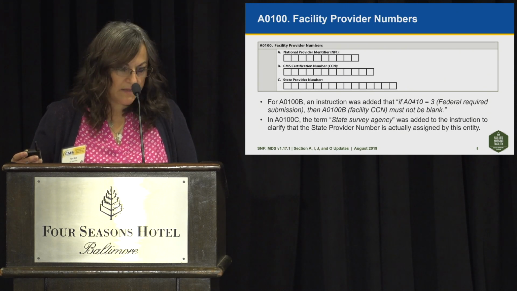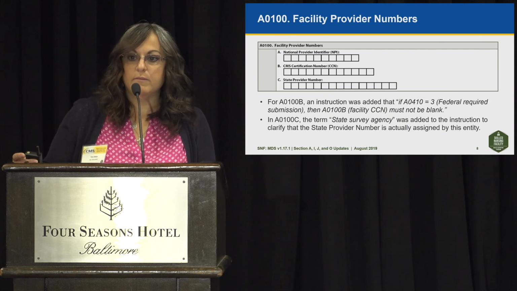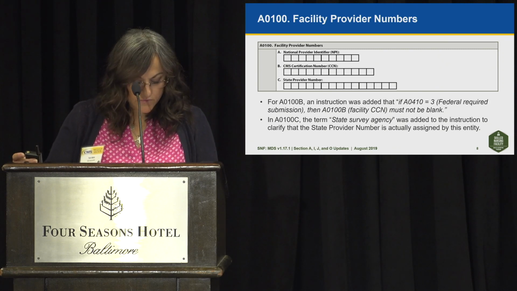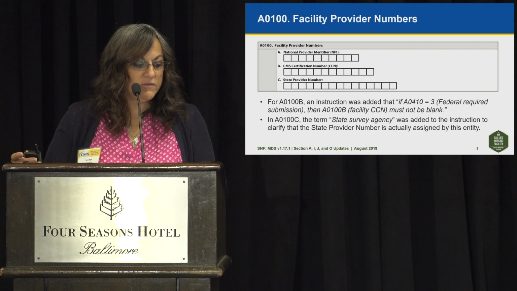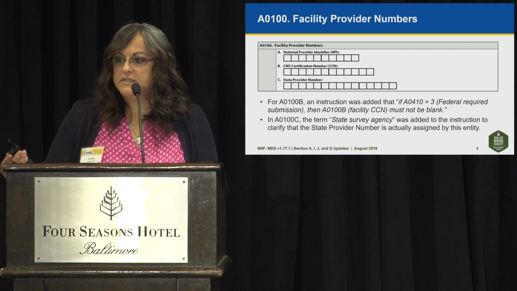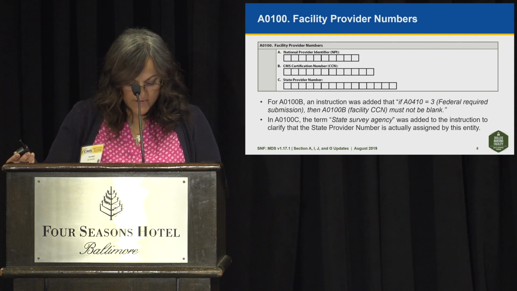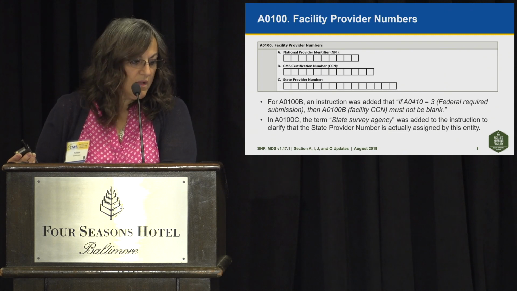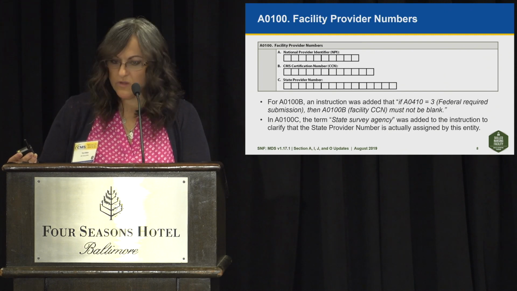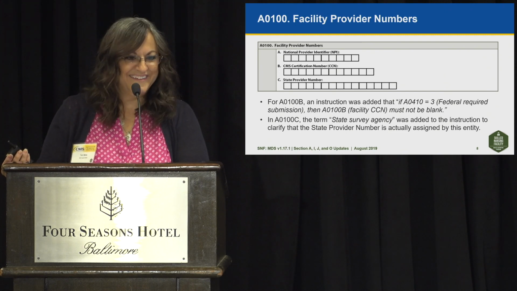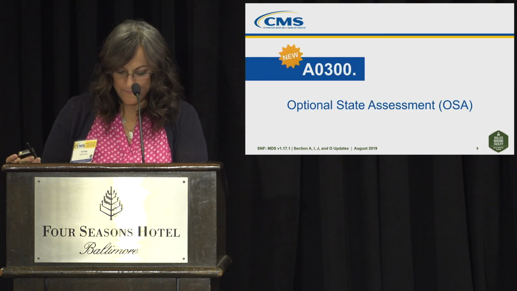It cannot be blank. And item A0100C, the state survey agency, was actually added to this bullet just to let you know that it is the state survey agency that assigns this number. You probably already knew that, but it was just for clarification.